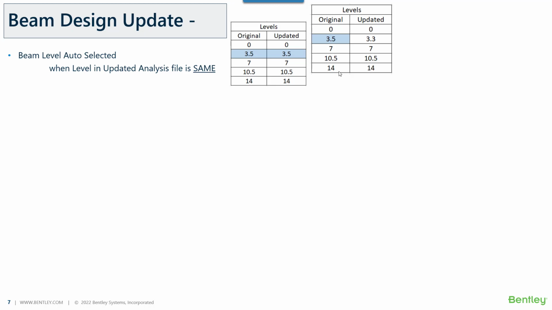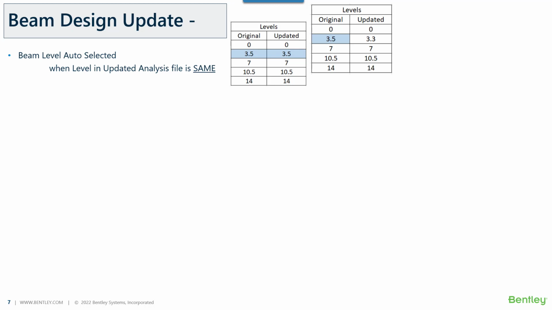If it is an MDB file or a RAM SS file, and you have changed the story label or the story name in your updated file, only in that case you will be asked to select the level. Otherwise, if the story name or the story label remains the same in both your original and updated version of the analysis file, then the level will be automatically selected.